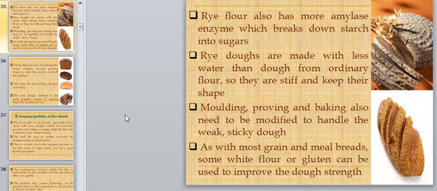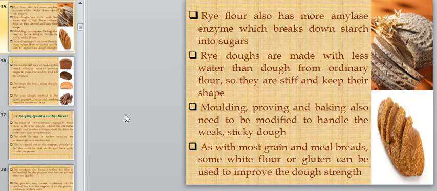Rye doughs are also made with less water than dough from ordinary flour, so they are stiff and keep their shape. For the production of rye breads, the protein amount is smaller, so we use less water. Whenever we use less water, rye breads become stiff, and the shape remains the same.